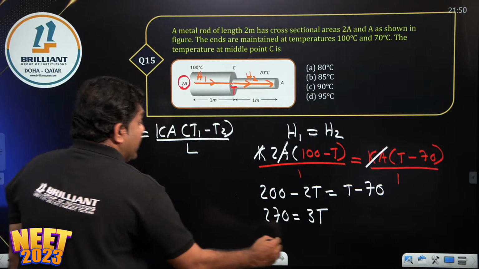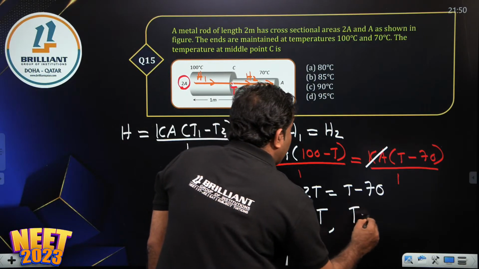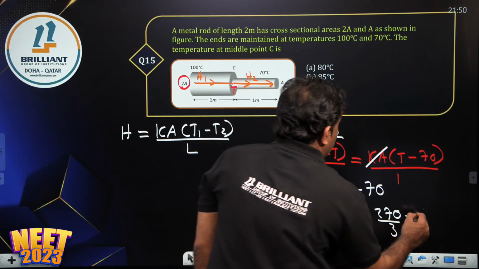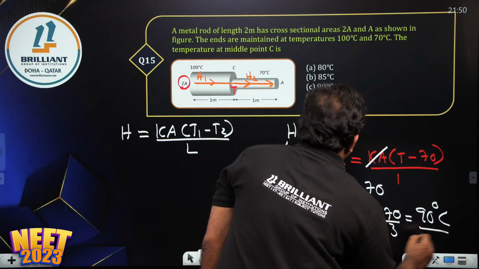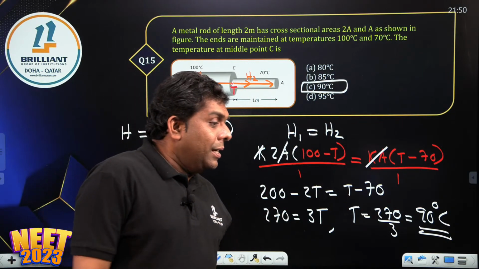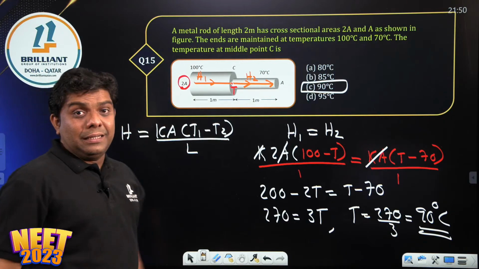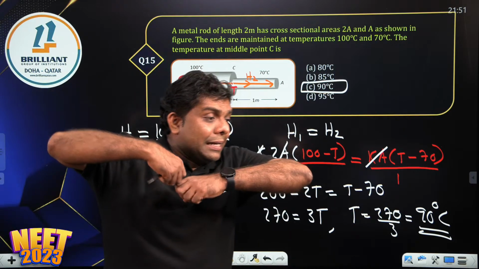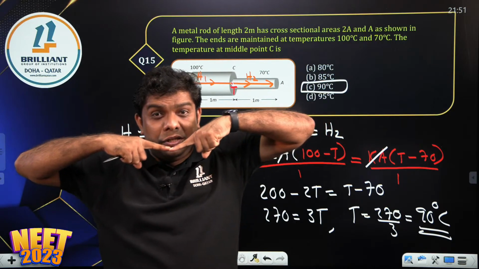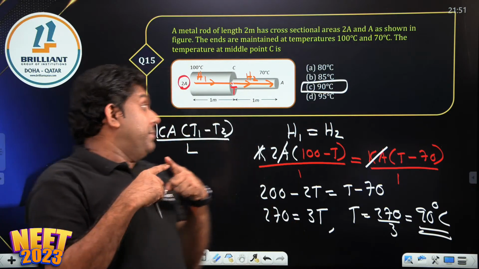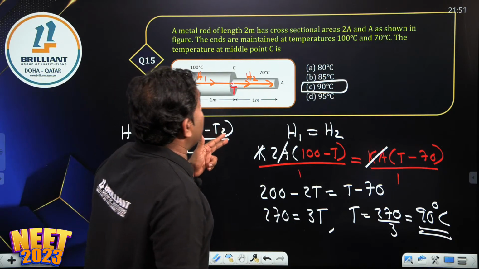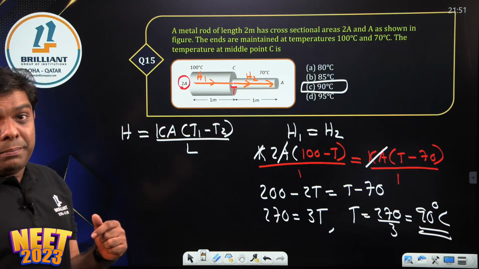So T is equal to 270 by 3, which is 90 degrees Celsius. So the right option is option C, 90 degrees Celsius. When they are connected in series, the heat current remains the same. Heat current formula: H is equal to K times (T1 minus T2) divided by L.